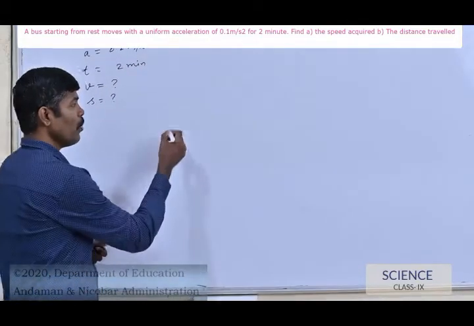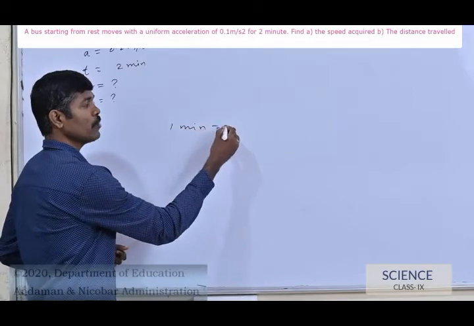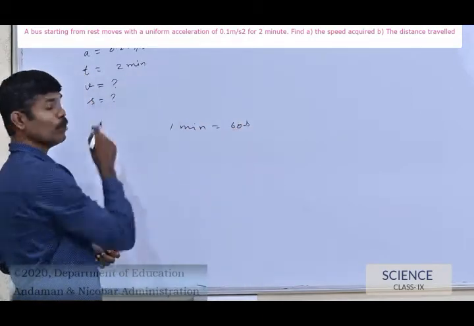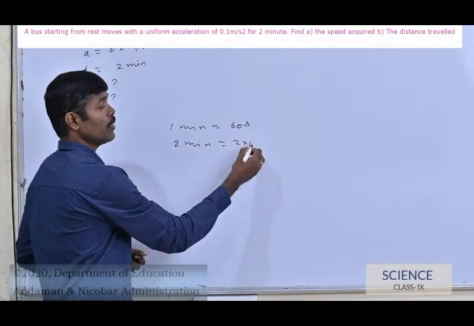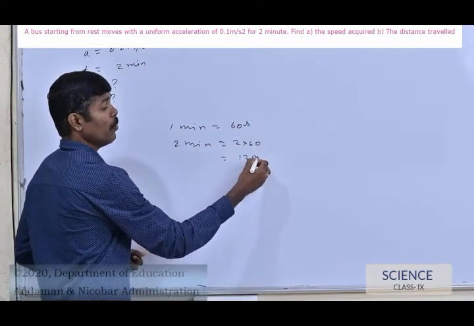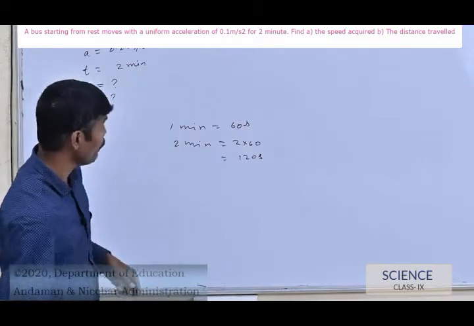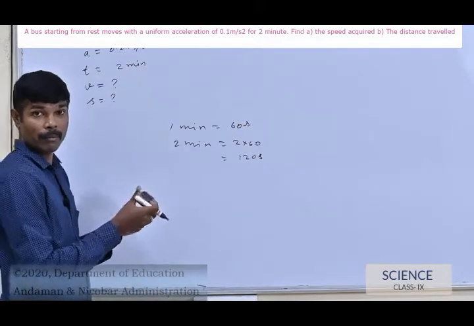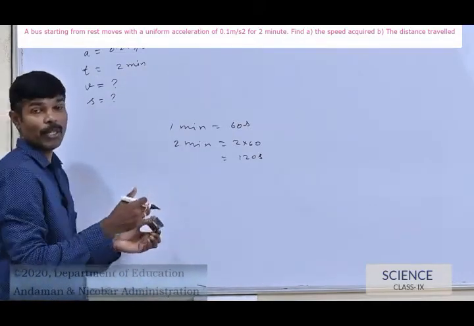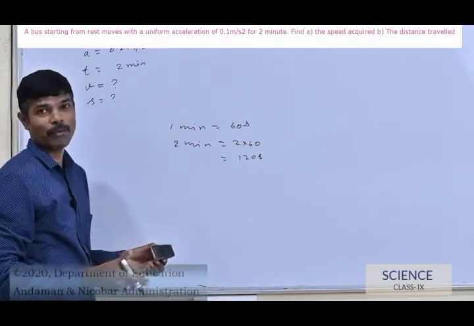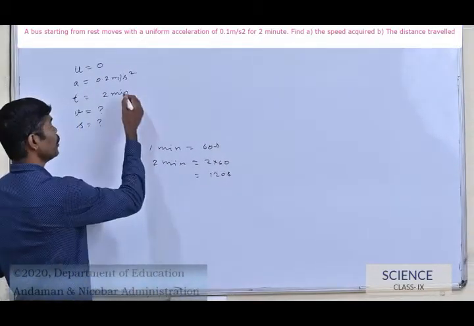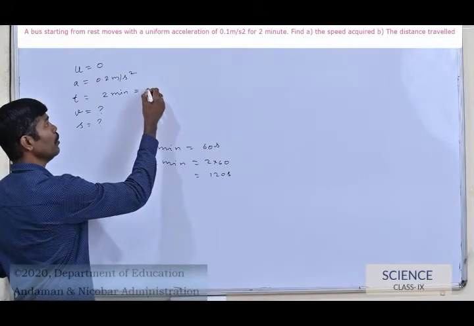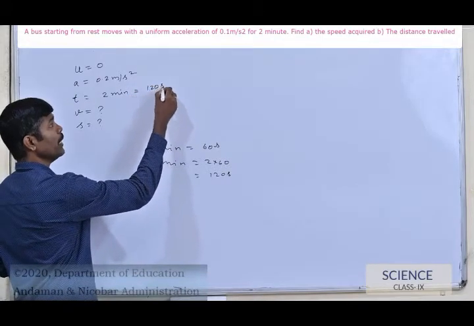We know that 1 minute is equal to 60 seconds. So 2 minutes is equal to 2 into 60, so we will get 120 seconds. This has to be done before solving the equation. If you continue with the existing unit, you will not get the correct answer. So here 2 minutes can be written as 120 seconds.